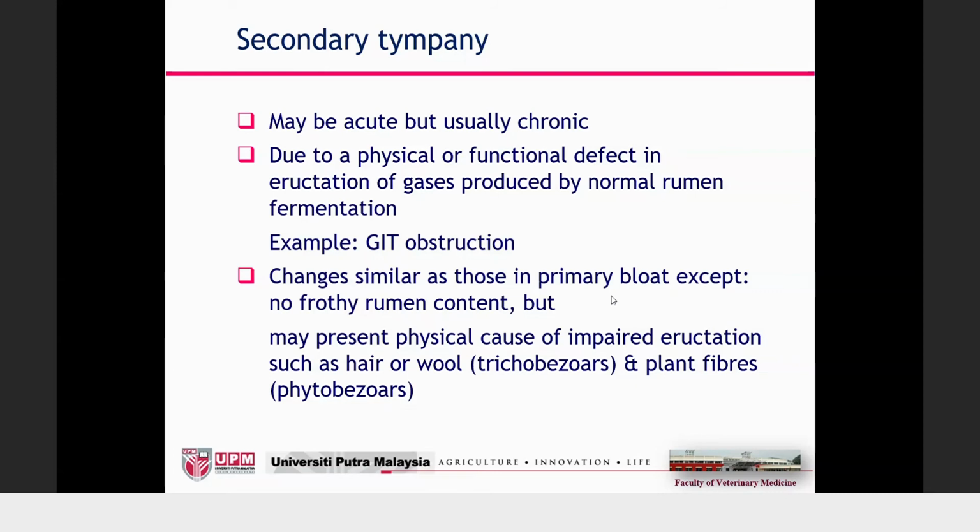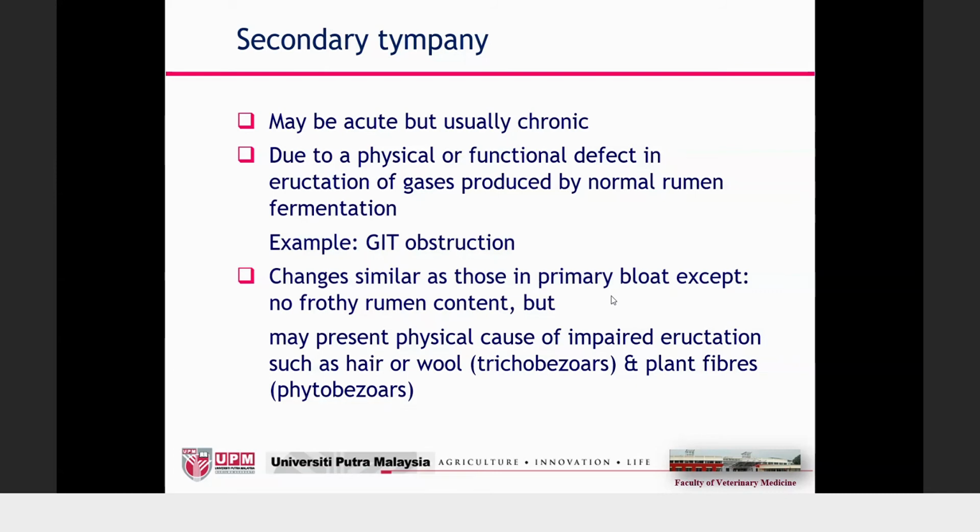The changes in this case are similar to those of primary bloat, except there's no frothy rumen content, but there is the presence of foreign materials such as hair, maybe wool, or maybe plant fibers.